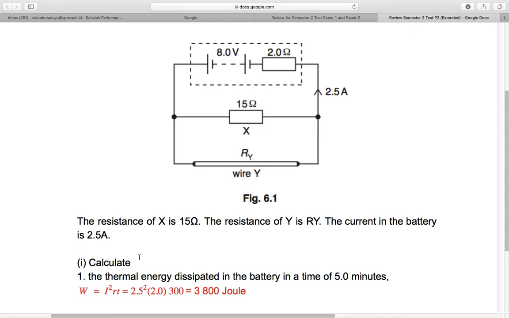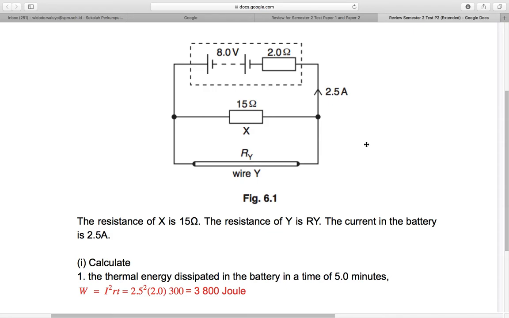Okay, we know the energy has three kinds of formula: VIT, V squared over R times T, and I squared RT. We use this expression, I squared RT. So E equals 2.5 squared times 2 times 300.